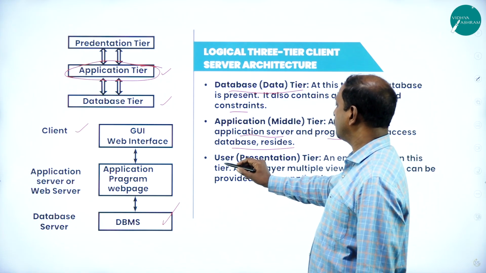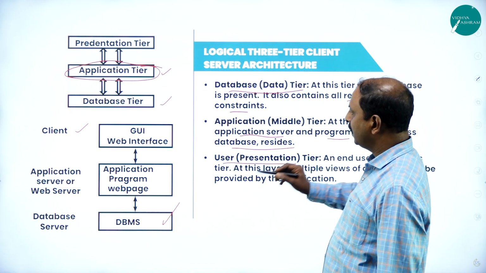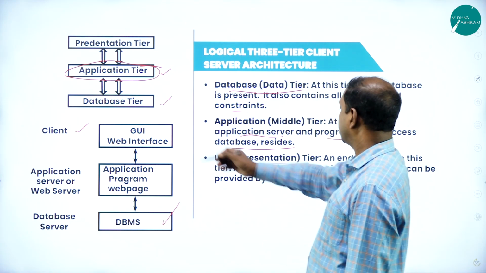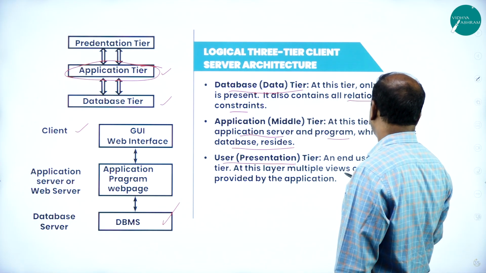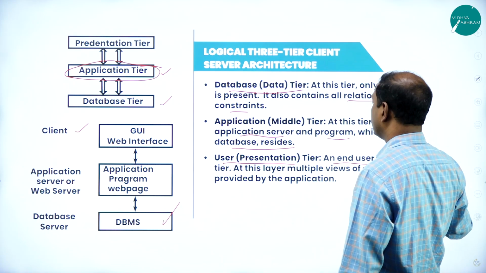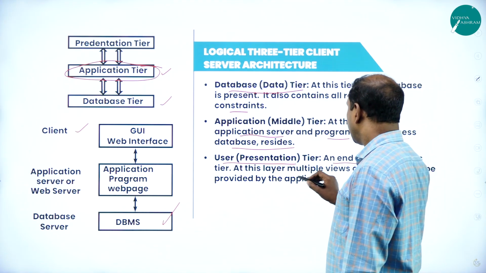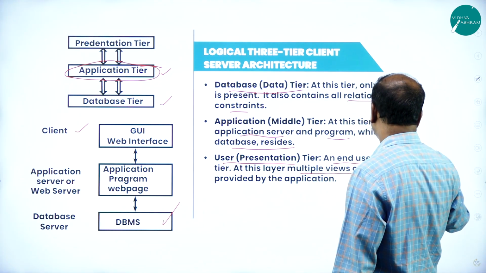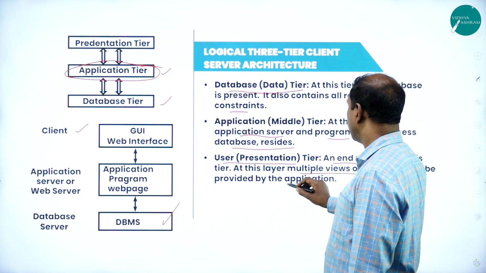Next one is the user or presentation layer. This is the interface. An end user sits on this layer. At this layer, multiple views of the database can be provided by the application.